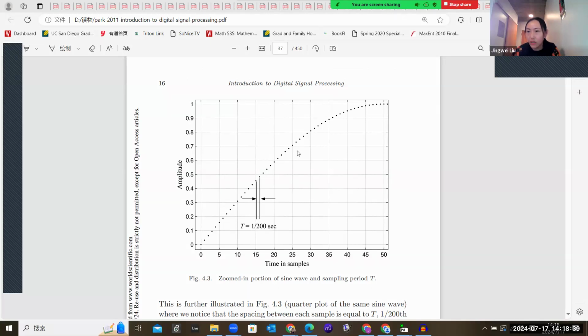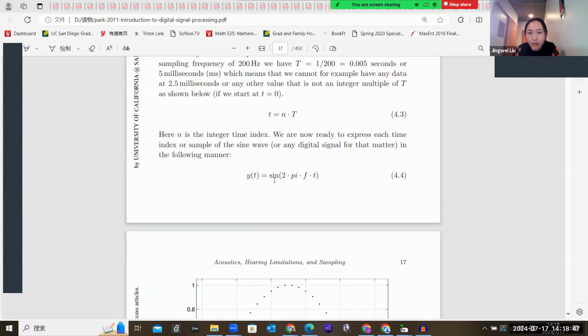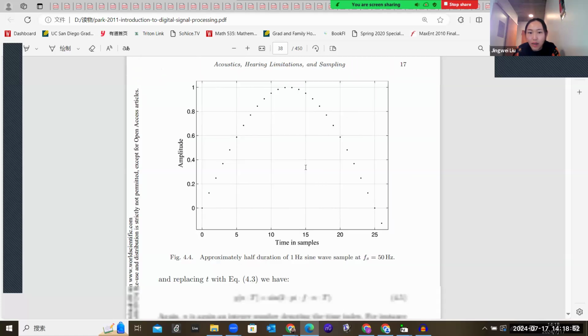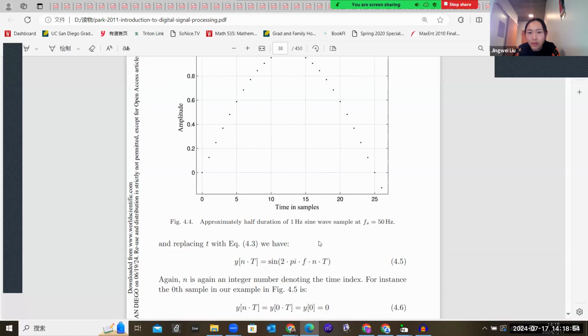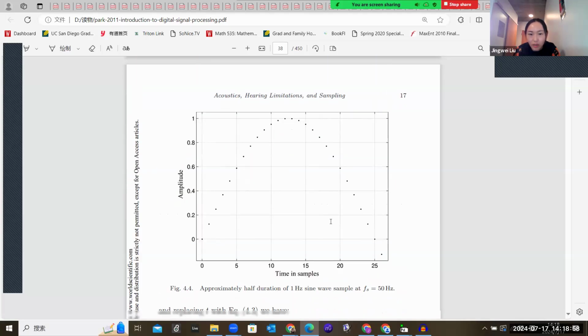Everything is discretized, just for this fixed interval. And here it gives us the sine wave, 2 pi ft. After you discretize the time, you just replace this time t with nt. Okay, so this is discretization.